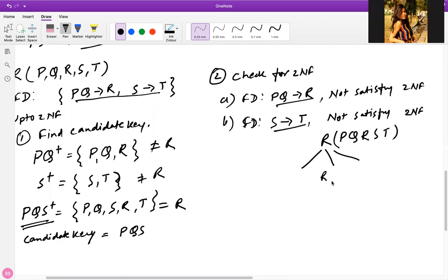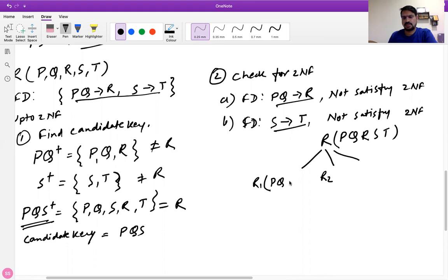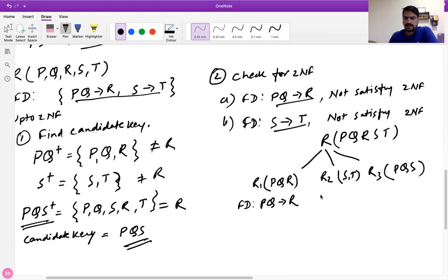Let's say I will make R1 as P, Q, and R, R2 as S and T, and R3 will put this particular candidate key together, which is P, Q, and S. Any doubt here? So here the functional dependency will be PQ determines R. Here the functional dependency will be S determines T. And here it is a candidate key. We are putting it together in one table.